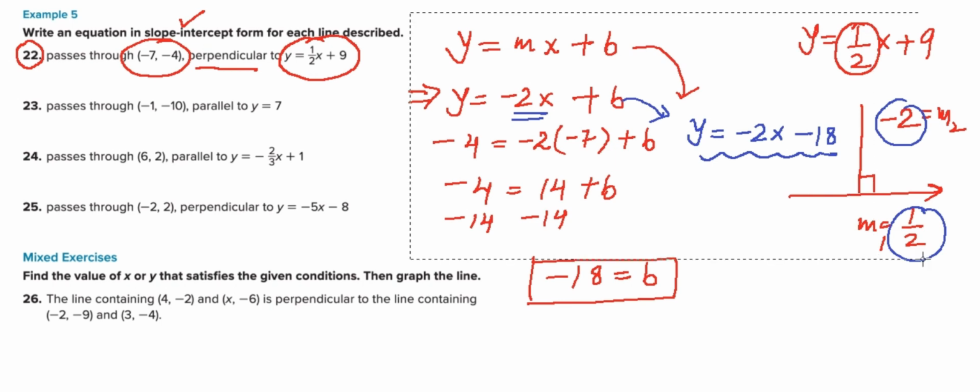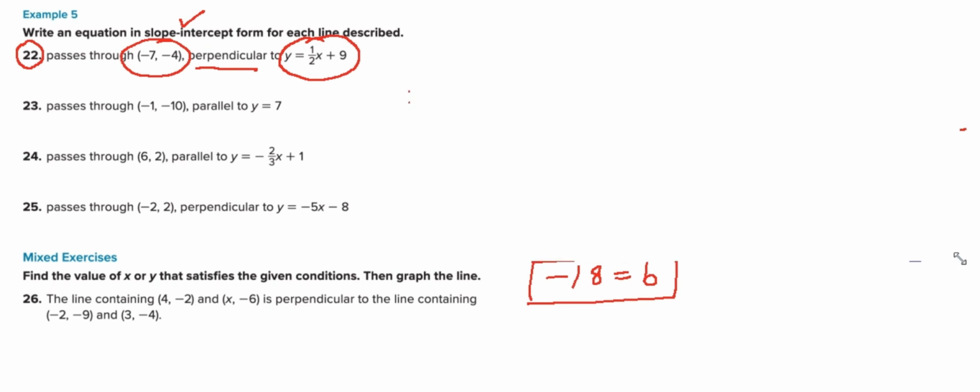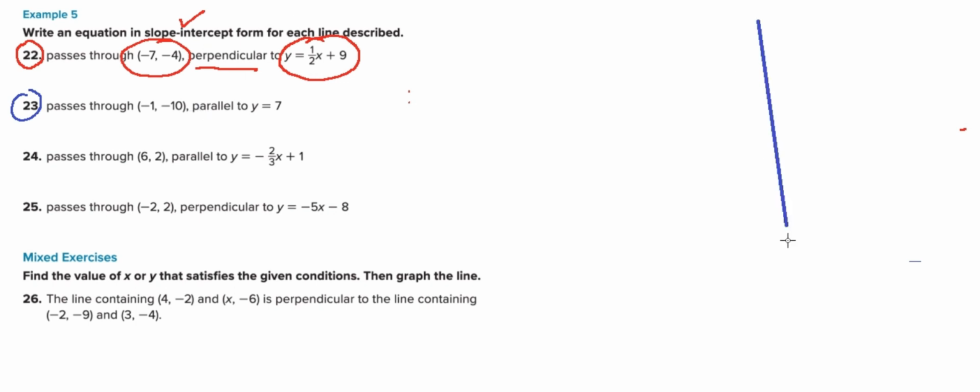Let me delete this. Okay, question number 23, y equal to 7. Any line that is parallel to y equal to 7 and passes through minus 1 and minus 10. So you can see the graph for this.